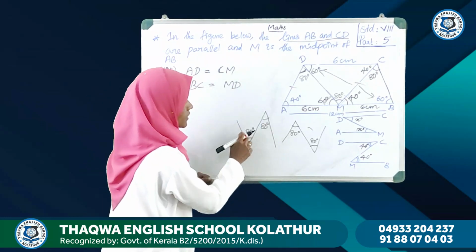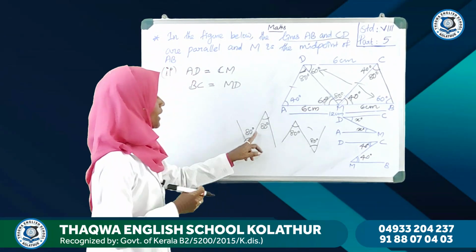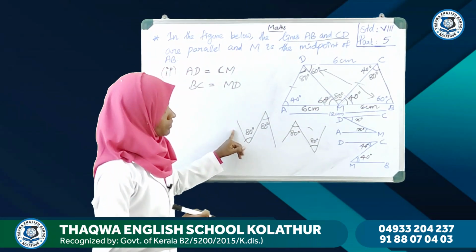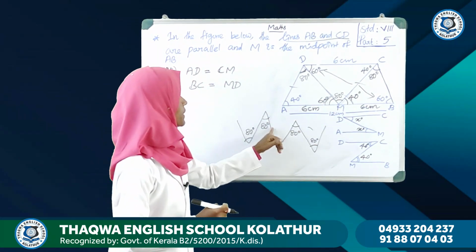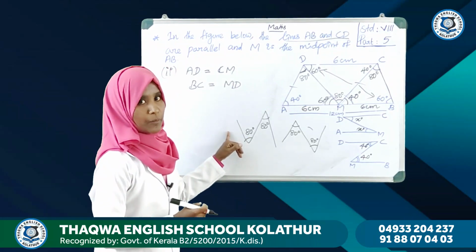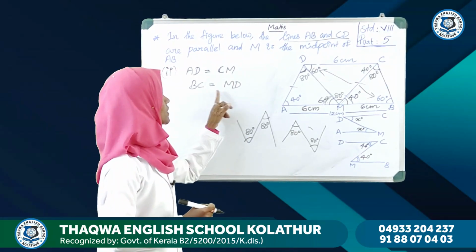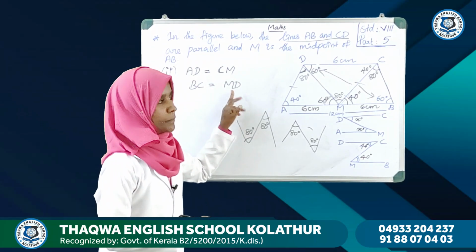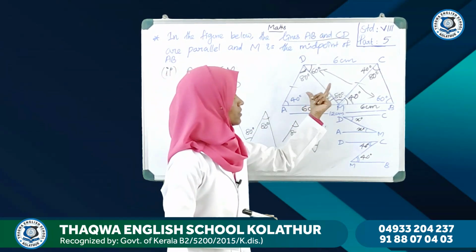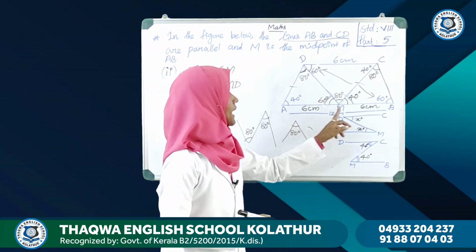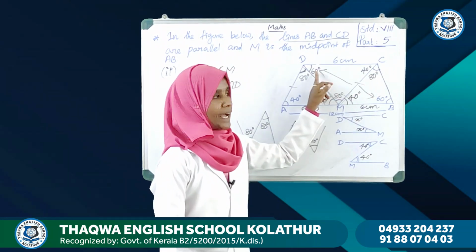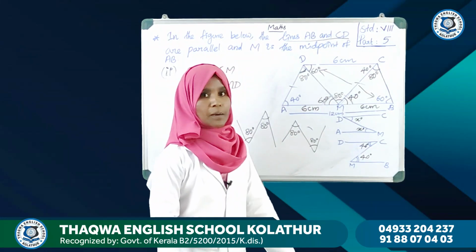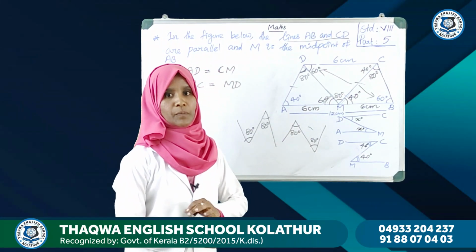Okay, these are the alternate angles made by the line CM and the pair of lines BC and DM. Okay, so these two sides are parallel. Okay, so we can say that the quadrilateral AMCD and the quadrilateral BMCD are parallelograms.